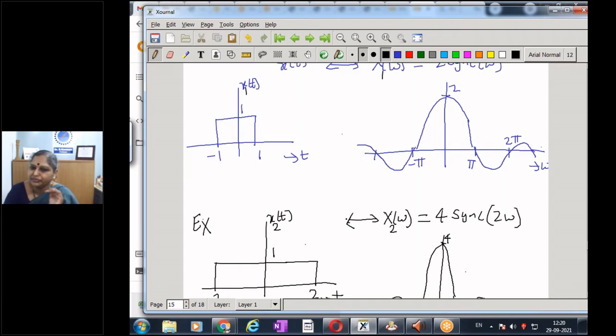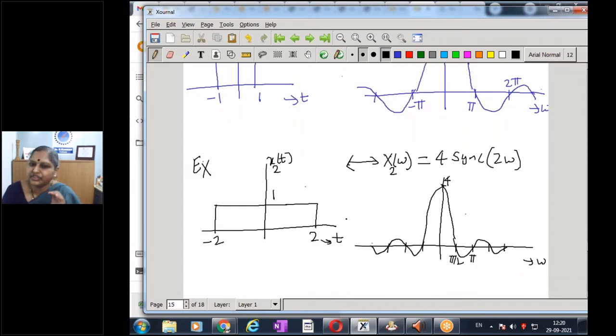How is x2 of t related to x1 of t? Did I expand x2 of t or did I compress it?